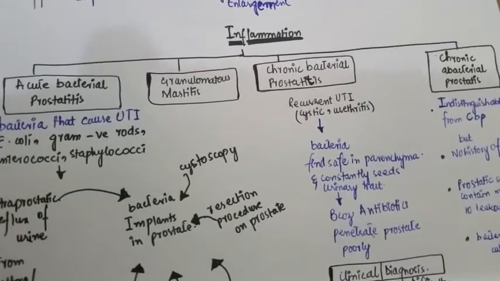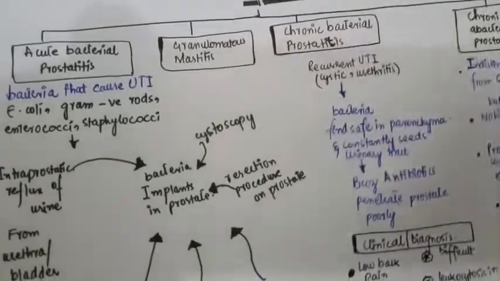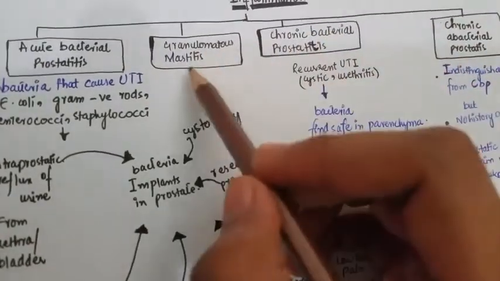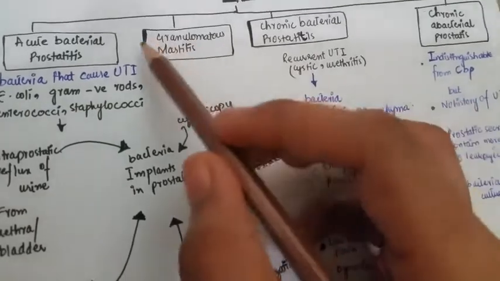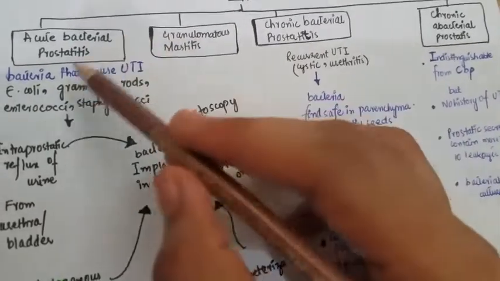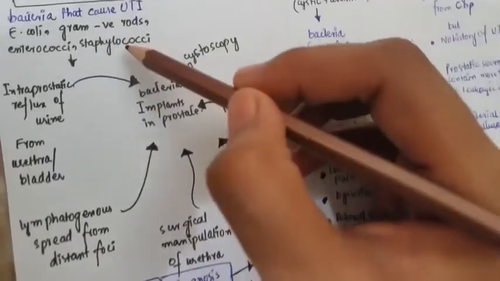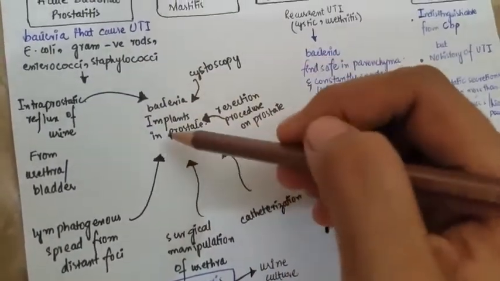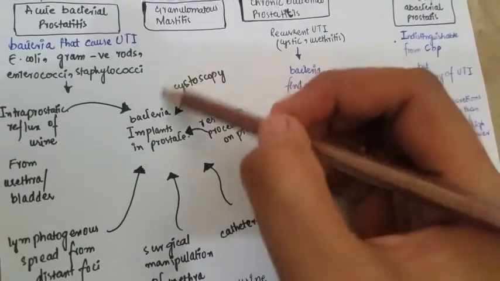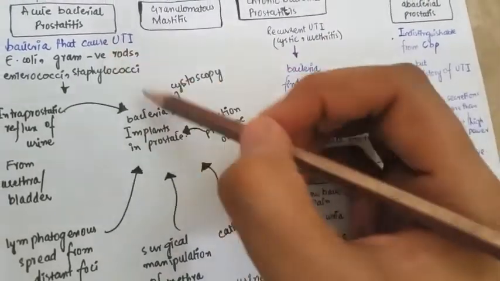Now first of all, come to acute bacterial prostatitis. The bacteria that cause UTI are the main cause of acute bacterial prostatitis. These include E. coli, gram-negative rods, enterococci, and staphylococci. What are the factors which implant these bacteria in the prostate?